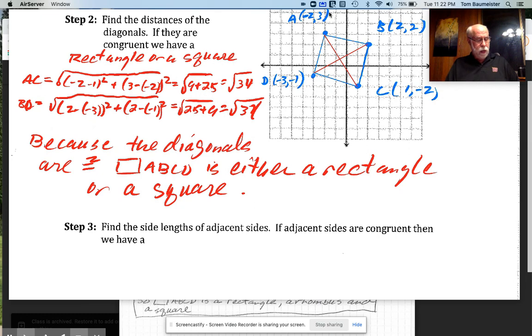All right. Step 3, find the side lengths of adjacent sides. If the adjacent sides are congruent, then we will have a rhombus or a square.